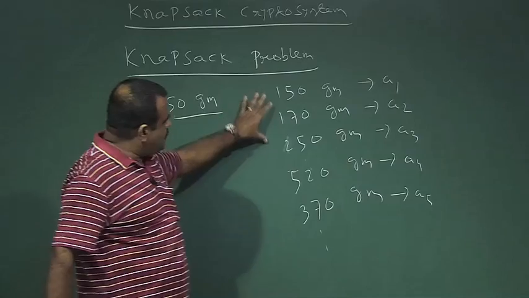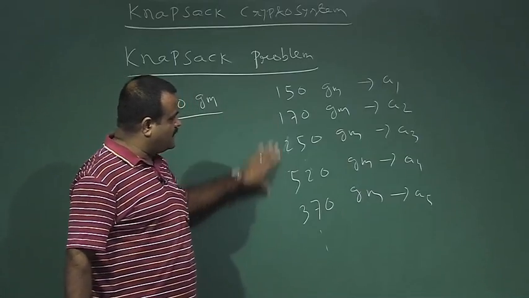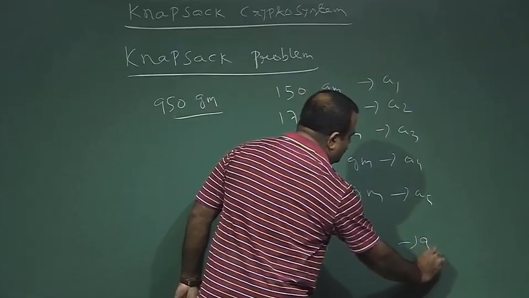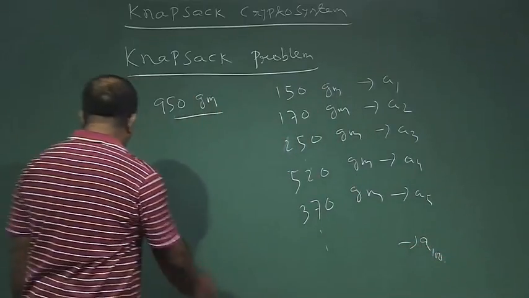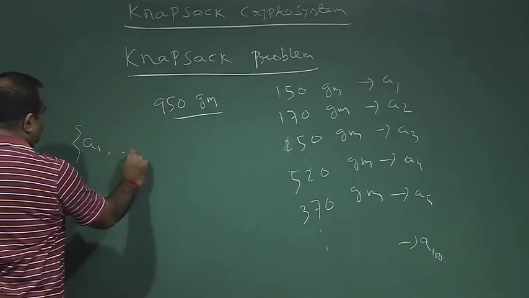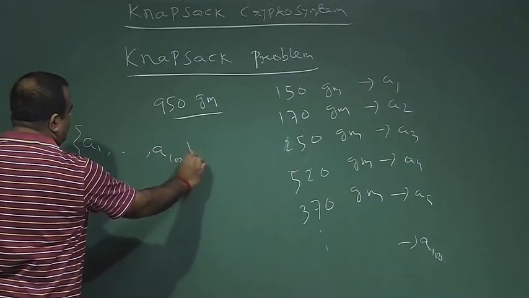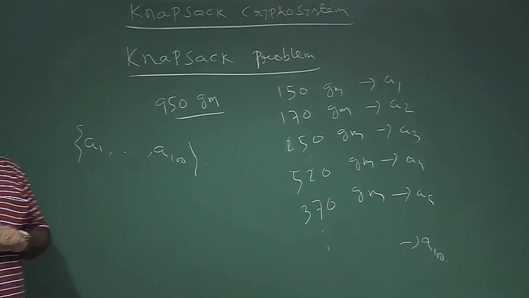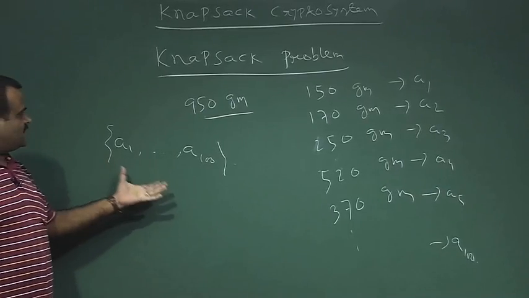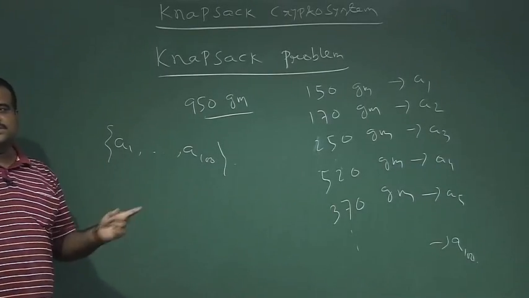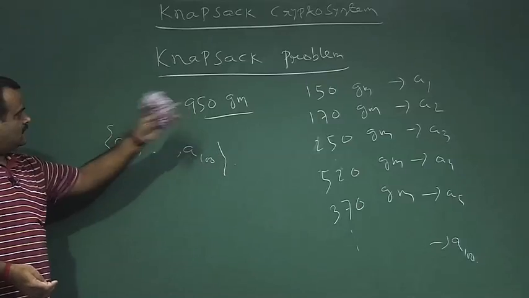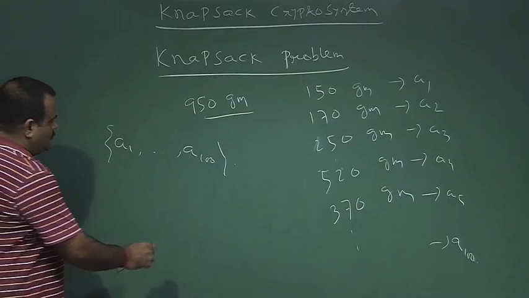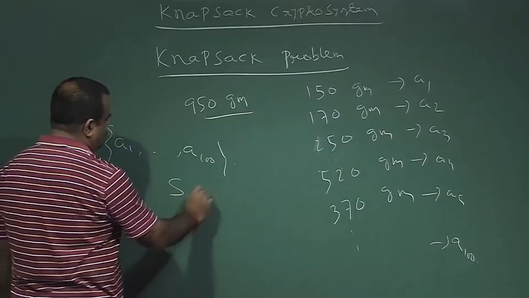So that means you have to choose. This is a collection of apples, A1, A2, say there are 100 apples, up to A100. Among this collection, you need to find a subset. This is also called the subset sum problem. You need to find a subset whose sum is this 950.